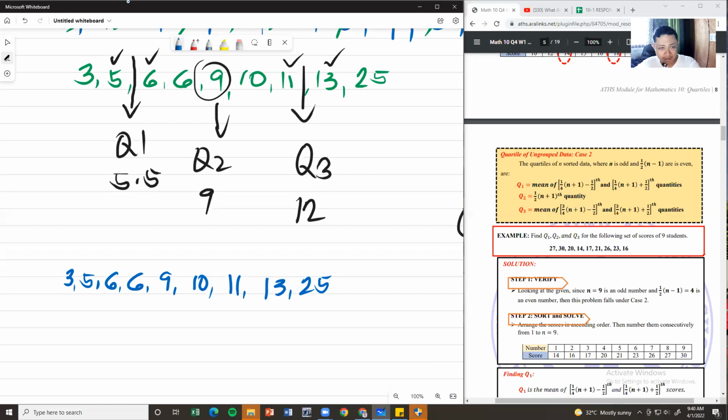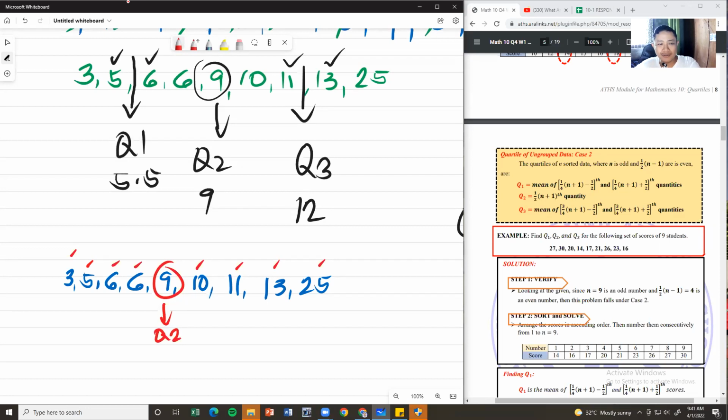So there are 9 values. I prefer the manual thing: 1, 1, 2, 2, 3, 3, 4, 4. The one without a partner is our second quartile. Got it? In no time, we were able to get our quartile 2.